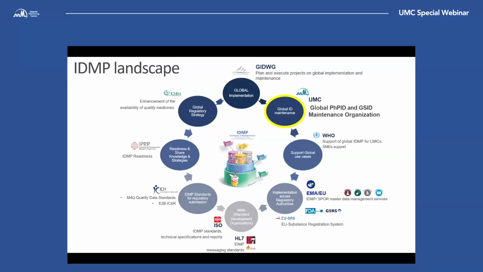We also at the bottom have the standard development organizations like ISO and HL7, some examples. And UMC is present in ISO, working with these IDMP standards, trying to bring the things we learn as a maintenance organization back into the standards as feedback when they are updated, so they can be fit for purpose.